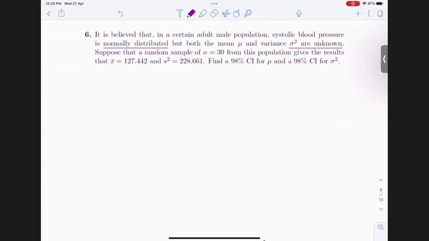The confidence interval is anywhere between those two values. So that is the interval.